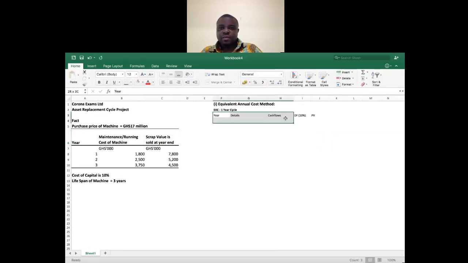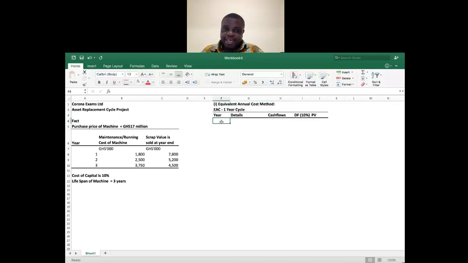So this is the 1 year cycle we are considering. Year zero is for the purchase cost. Then year 1 has the maintenance and running cost of the machine, and also the scrap value of the machine.